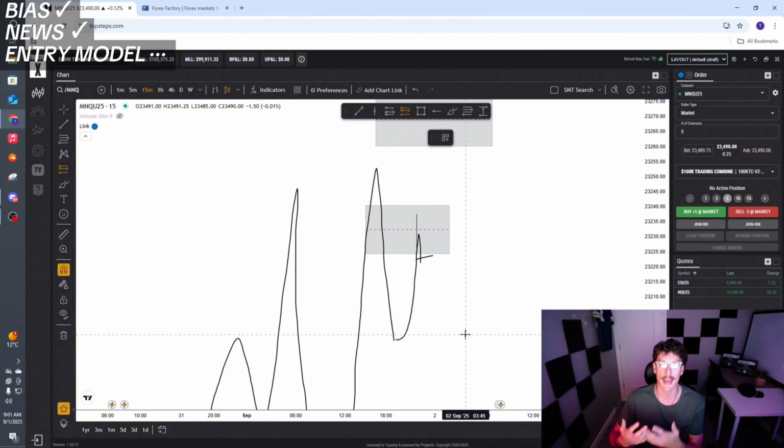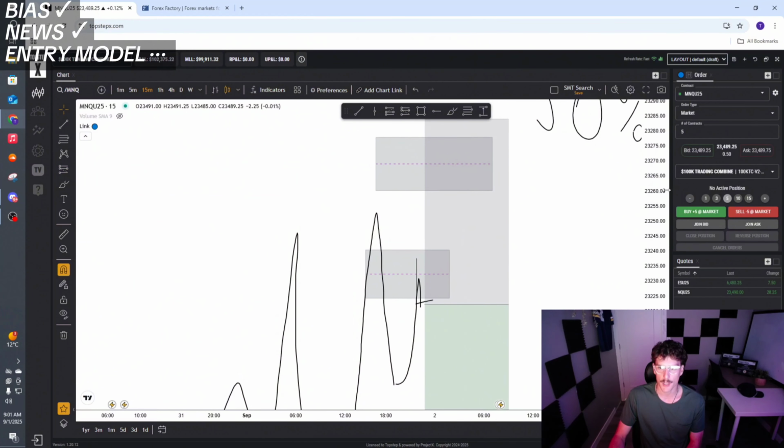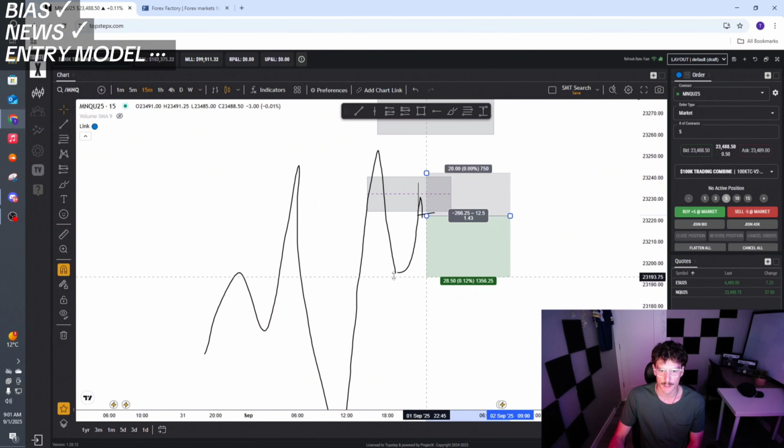You can't just enter off of a candle that's still live, because you're just going to get stopped out a lot more. We wait until the candle's closed, because if it's not, there's still a chance for it to shoot up past the fair value gap, right? We can't just try to predict what a candle is going to do. Say if we were to get a good candle close here, we'd enter a short, put our stops above the whole fair value gap, and then just target recent low, internal lows.